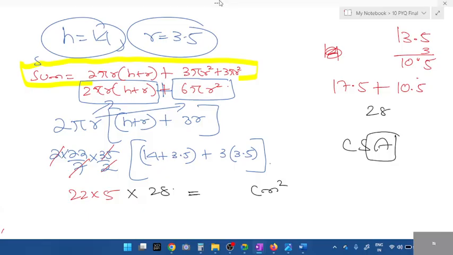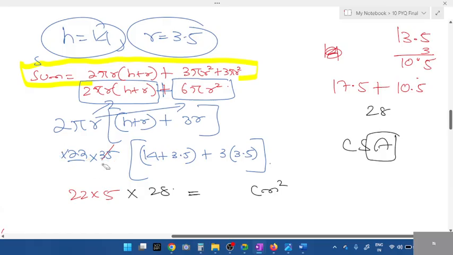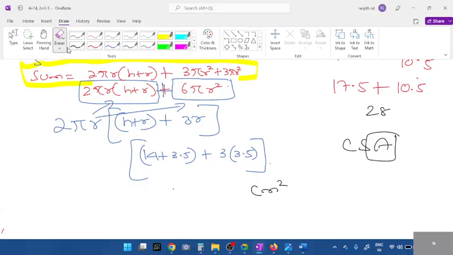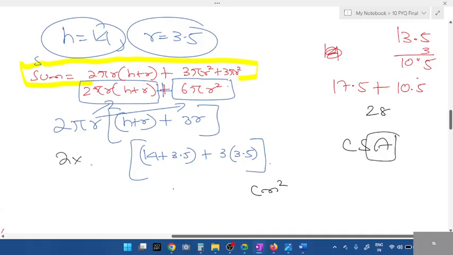Okay, no. We have made a mistake here. This part, students. What is 2 into pi? 2 into pi is 22 by 7. What is the r value? How much is r?